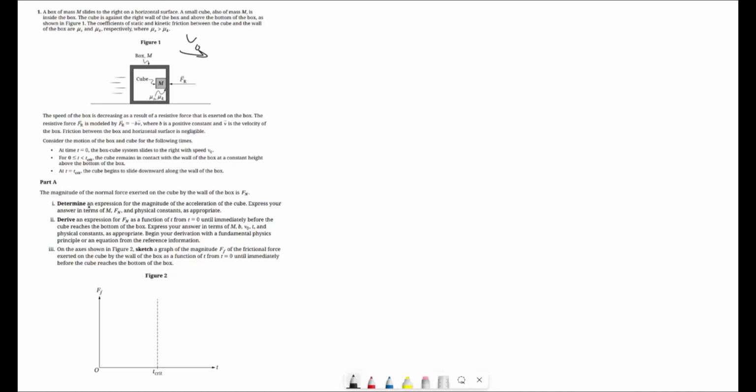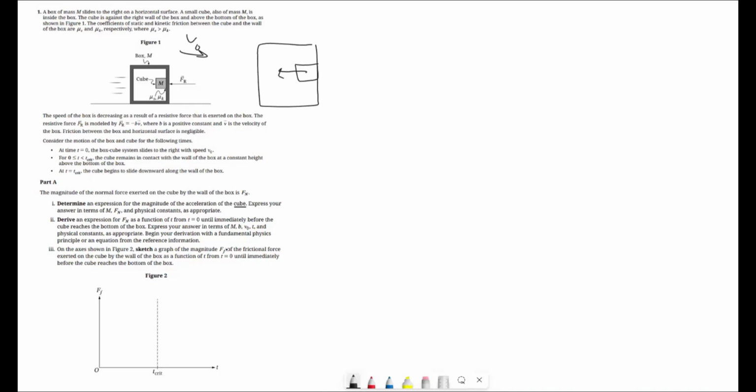It says determine an expression for the magnitude of the acceleration of the cube specifically. So we're just looking at the cube, and it says express your answers in terms of m, f sub n, and physical constants as appropriate. Well, what are the forces acting on the cube? Since it's slowing down, it's accelerating to the left.